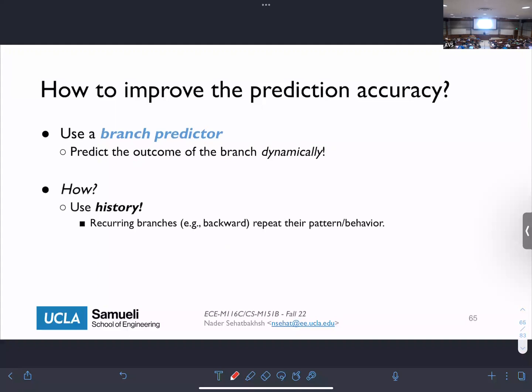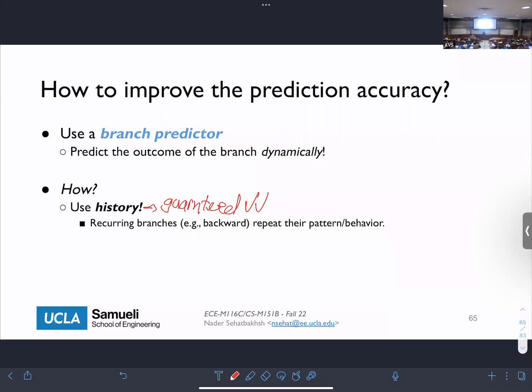For that, we use the exact same thing that we did for BTB. We're going to use history, but in a slightly different way, because we're going to use history to make a better guess. History for BTB was always guaranteed, but for branch prediction this is not guaranteed, because the dynamic behavior of a branch can change.